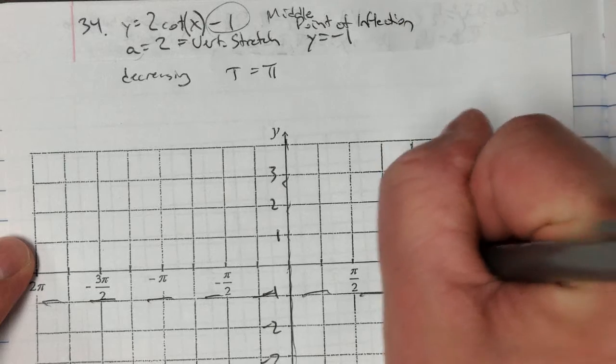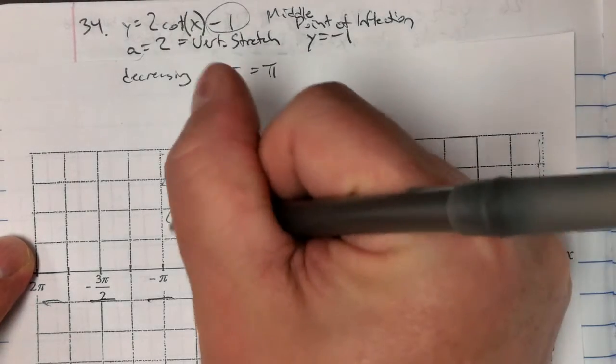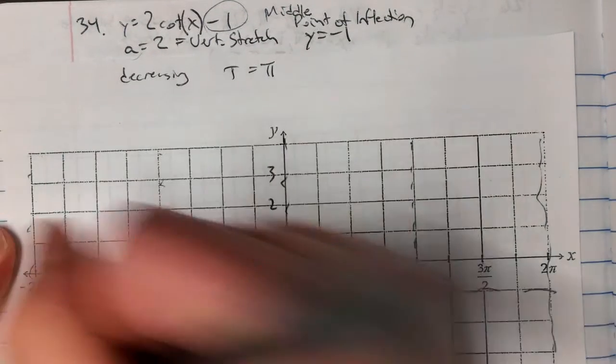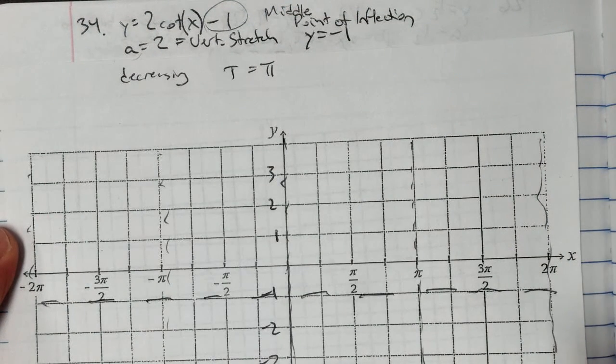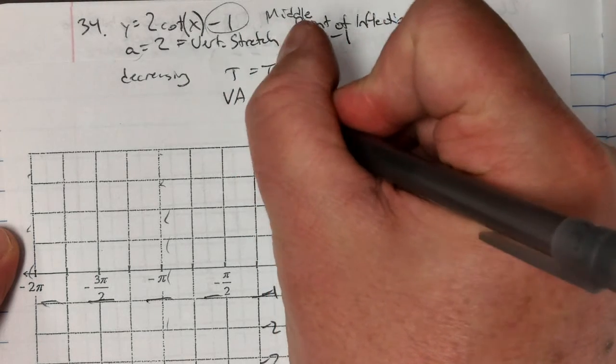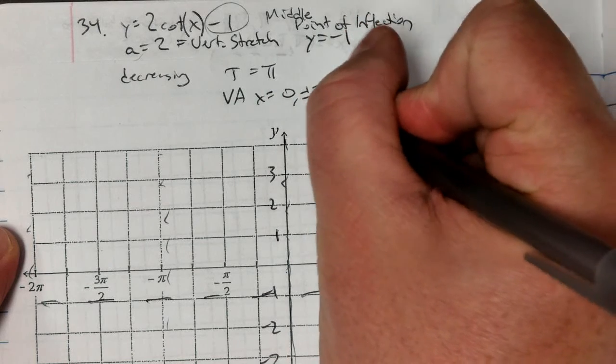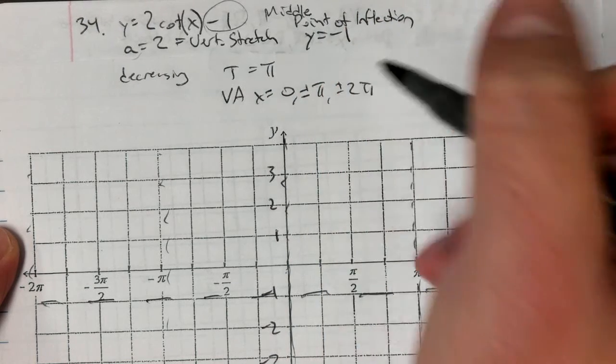So at pi, at 2 pi, negative 2 pi. So you'd have vertical asymptotes at x equals 0, plus and minus pi, plus and minus 2 pi.